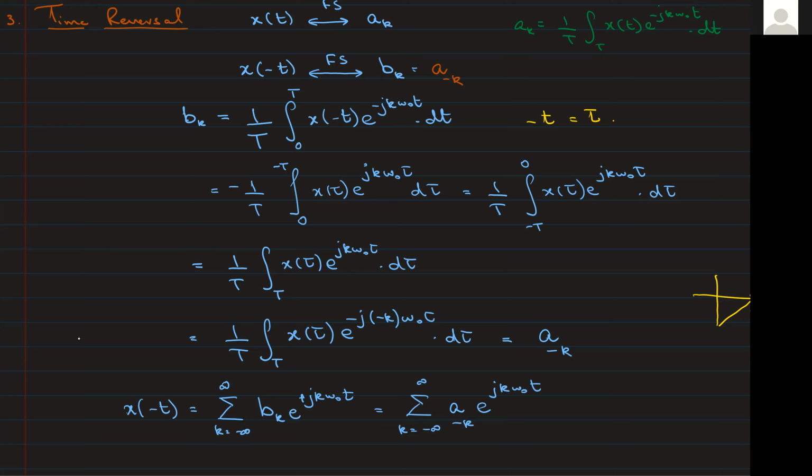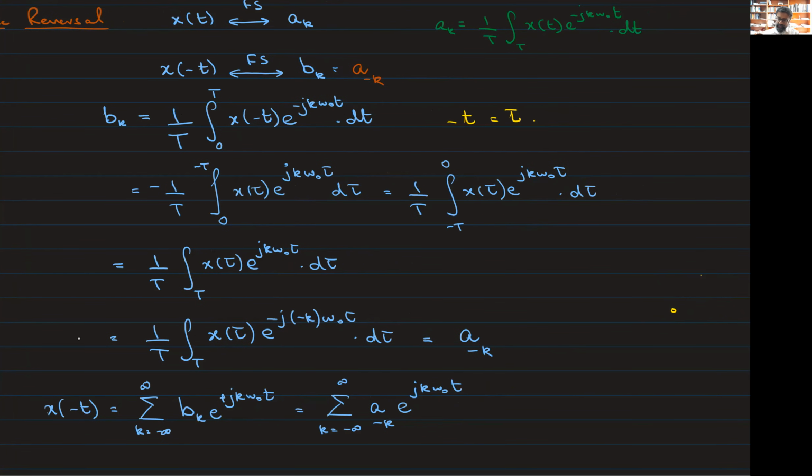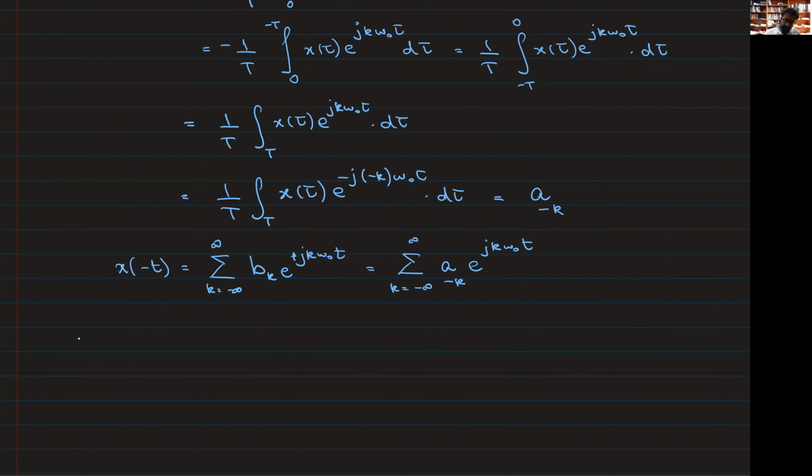ठीक है. All right. Now let me say a little bit more about this for special classes of signal, right? So what we concluded is if you flip the time domain signal, the Fourier series coefficients also flip as well, right? So here's the question: what if the signal is real? Right?